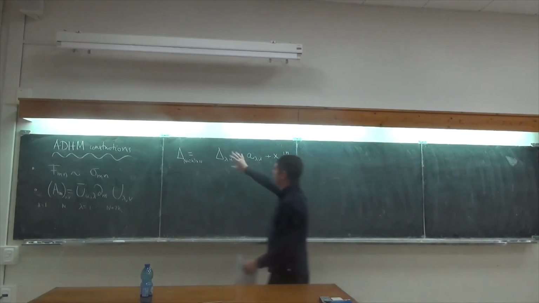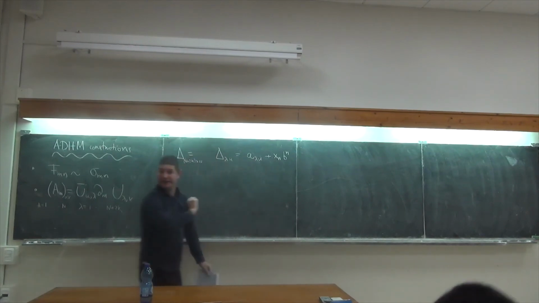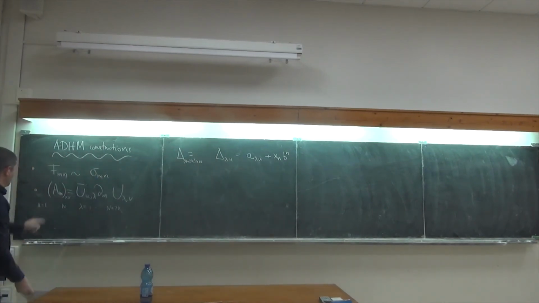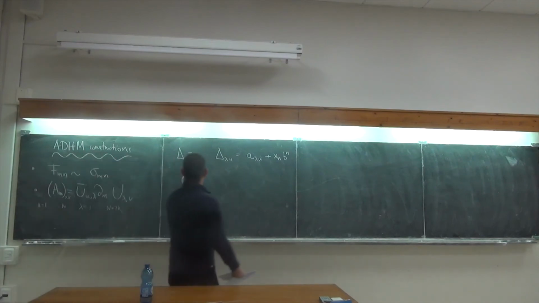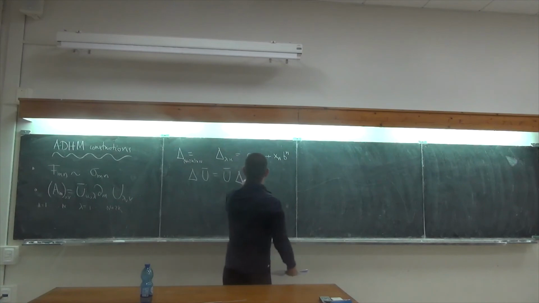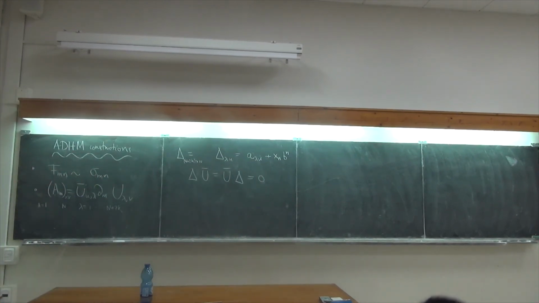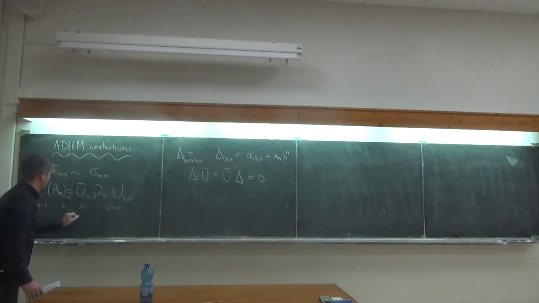The statement is that you just consider a matrix that is linear in x, and such that delta bar u is equal to 0. So we're looking for a connection.